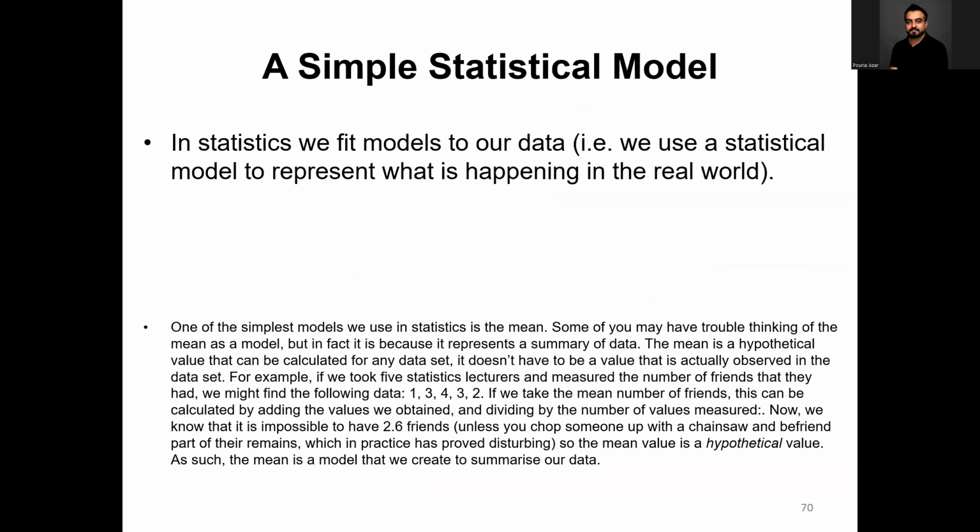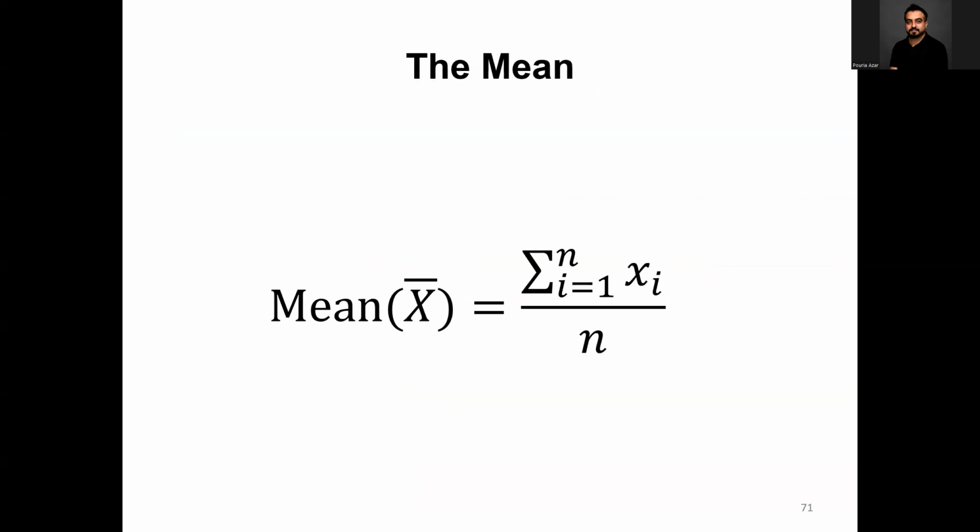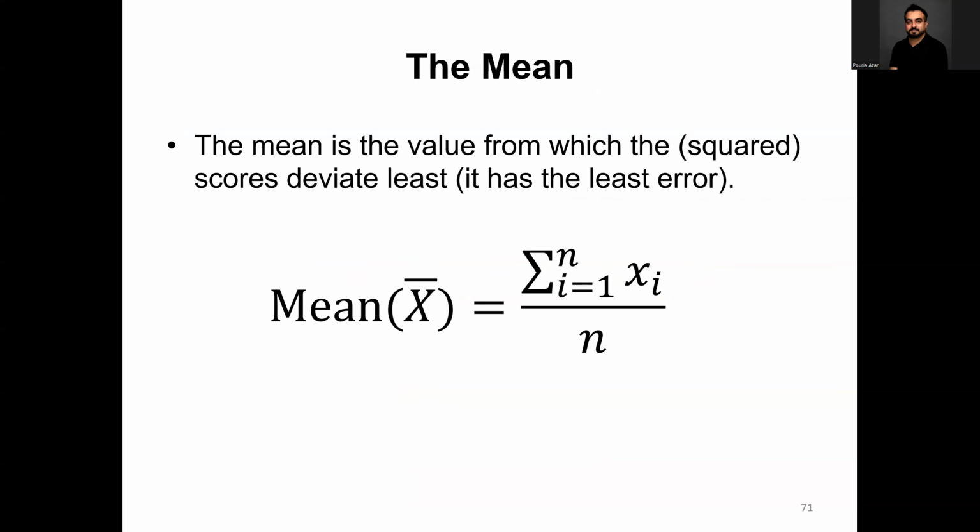So the simple statistical model is where we have the mean as our model. The mean is X bar, and we add up all the data points and then divide that by the number of data points.